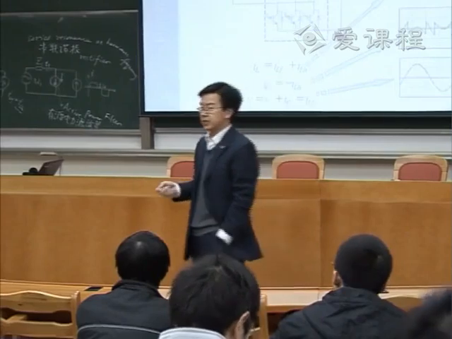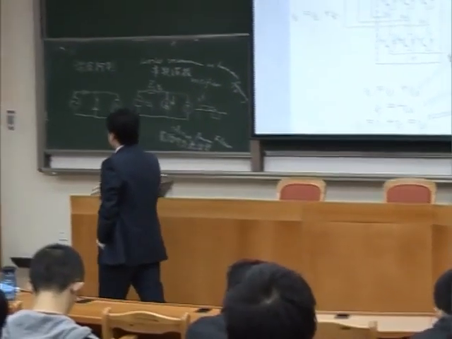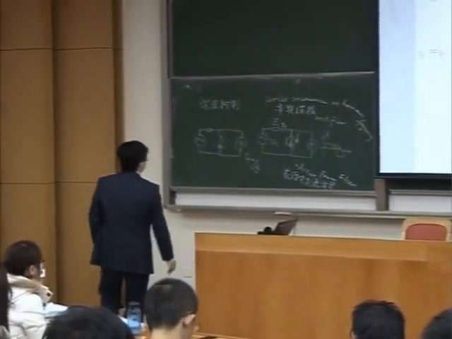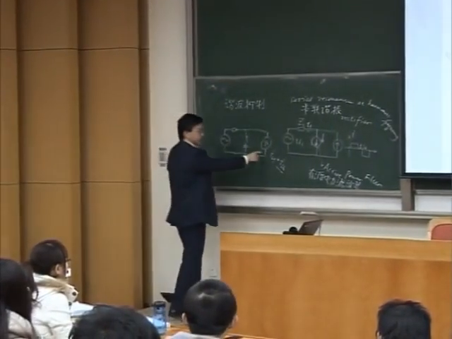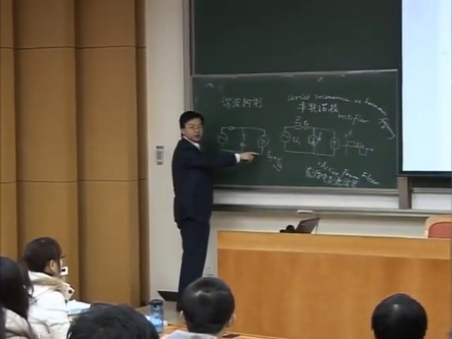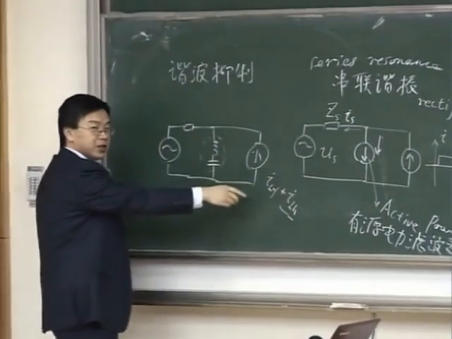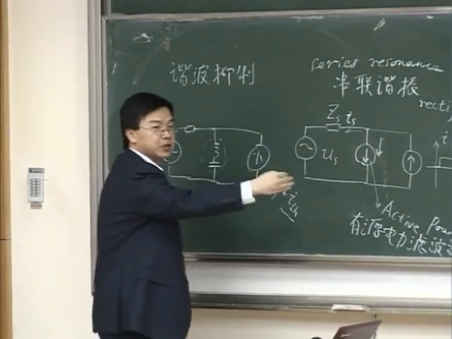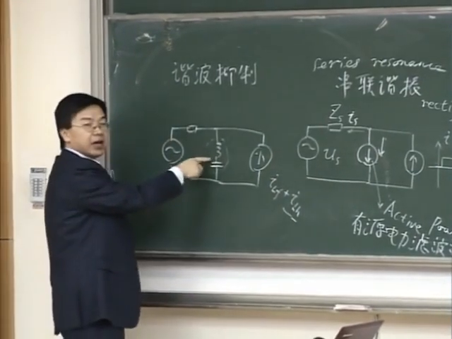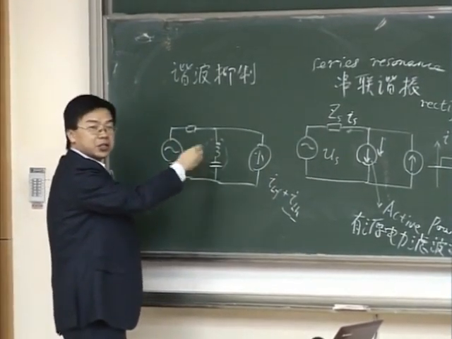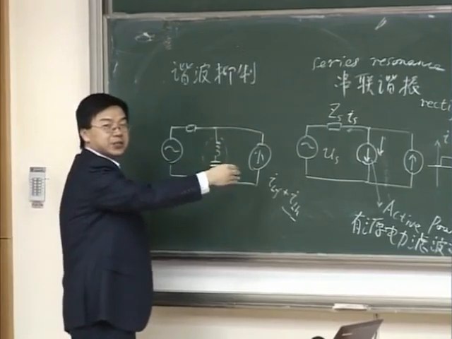And the second one is, there will be a lot of harmonics in the load, a lot of frequencies. In order to eliminate those different frequency harmonics, I have to have different LC filters.